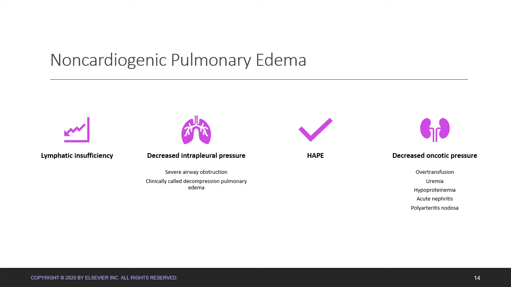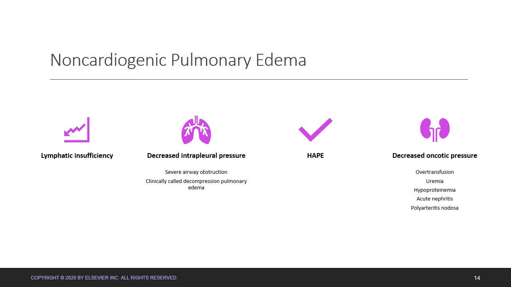Lymphatic insufficiency. Should the normal lymphatic drainage to the lungs be decreased, intravascular and extravascular fluid can begin to pool and pulmonary edema can occur. Lymphatic drainage may be slow because of obliteration or distortion of lymphatic vessels.